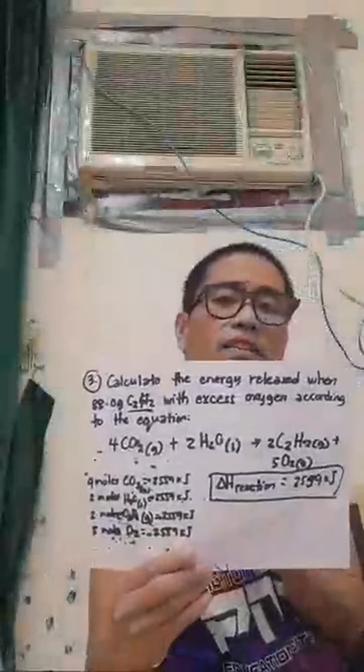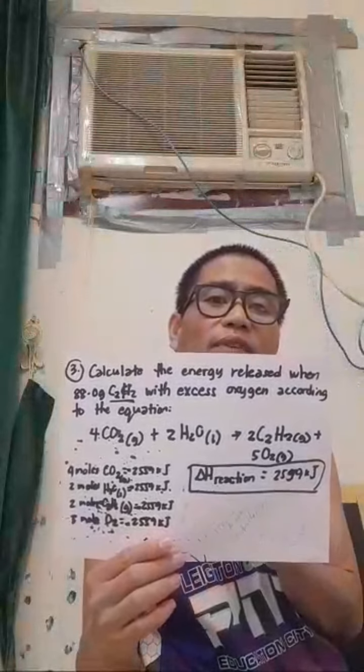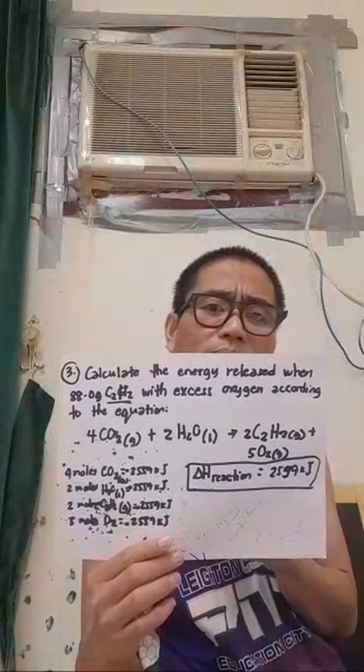Specifically, the problem says 88 grams of acetylene gas with excess oxygen according to the equation. Now take note of the chemical reaction, guys. It's not reflecting the problem.